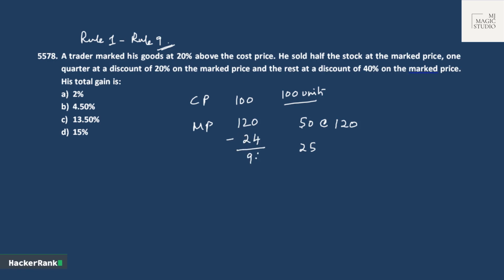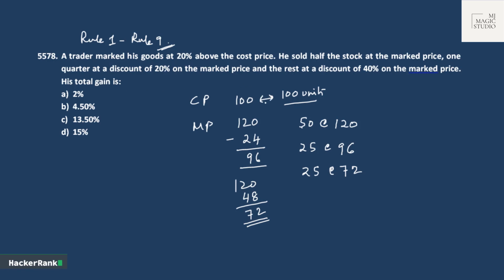So 20% on marked price is 24. So for the 25 units selling price would be 96, and the remaining 25 at a discount of 40% on marked price. That is discount of 24 again on 96, or 48. So that gives 72. Yes, at the rate 72.